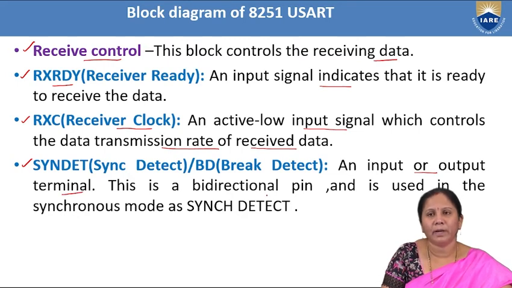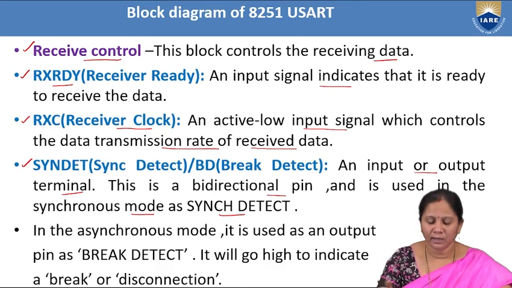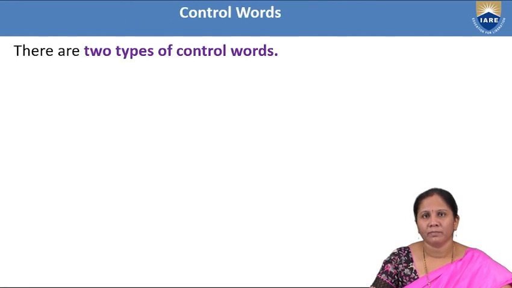So it is a bidirectional pin and it is used in the synchronous mode as sync detect. If this 8251 is operating in the asynchronous mode, it will be acting as a break detect. Now, that is what about the block diagram of 8251 USART.